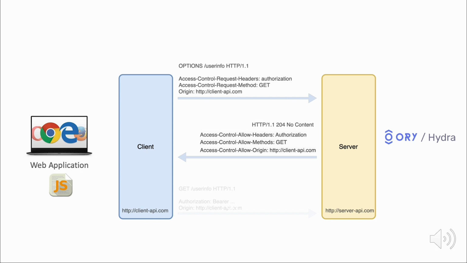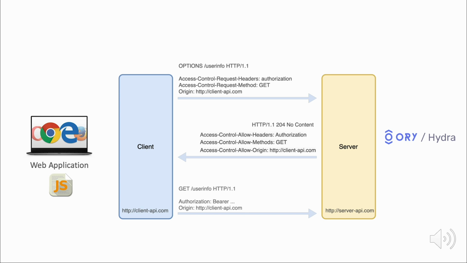In our case, we can see that the server responds that the authorization header is allowed, the GET method is allowed, our origin is allowed. After receiving a successful response to the Preflight request, the browser proceeds to make the actual request, in this case a GET request to the server. And the server will respond with the requested data or content.